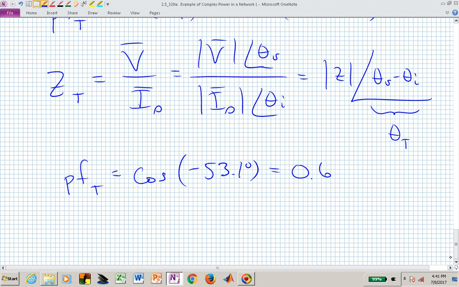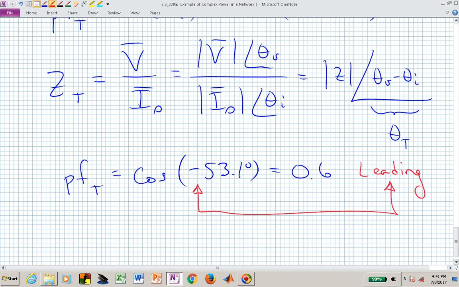The fact that this angle is negative doesn't give us any indication by taking the cosine. So we have to keep track of that minus sign.